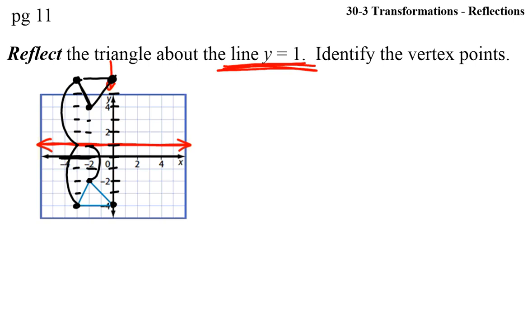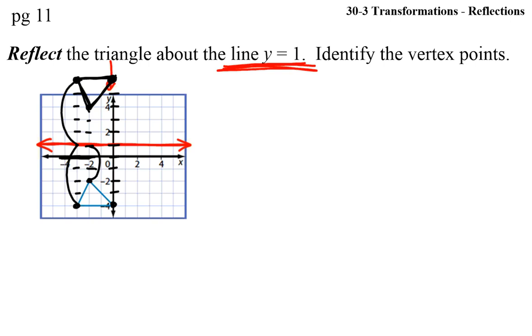So there's my new triangle, that's my image. So that's how we can work with reflection about a line that's not the x or y axis. Understand how to draw those in.